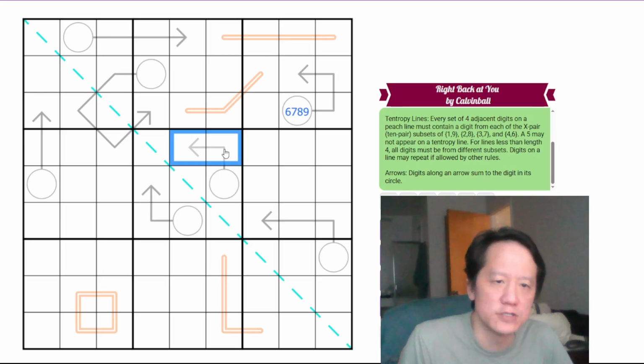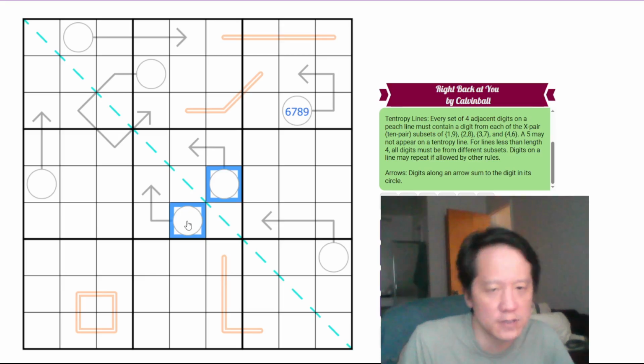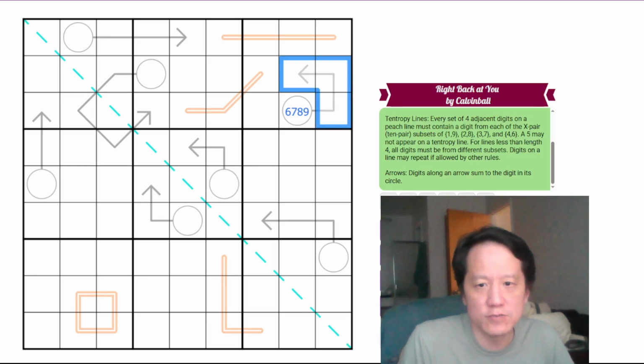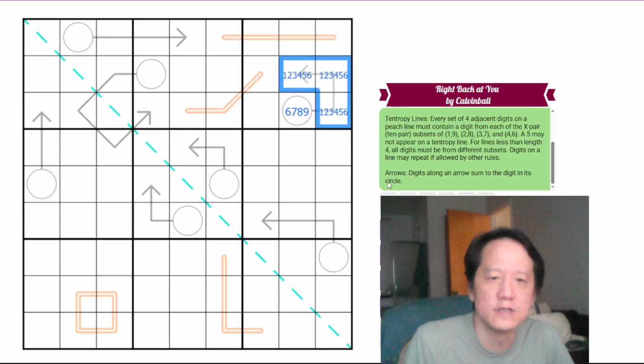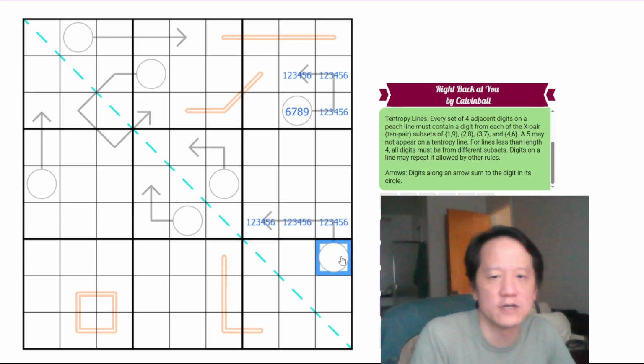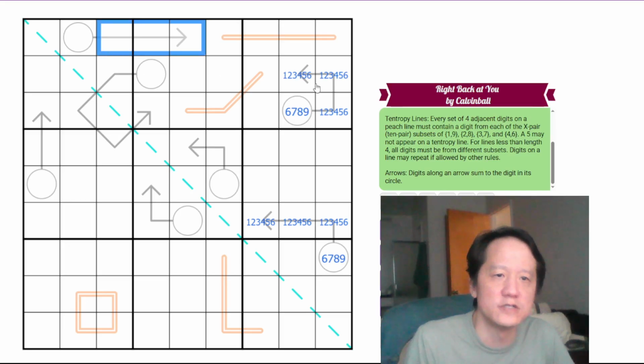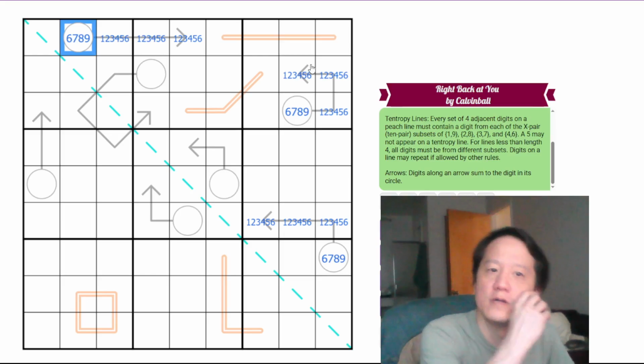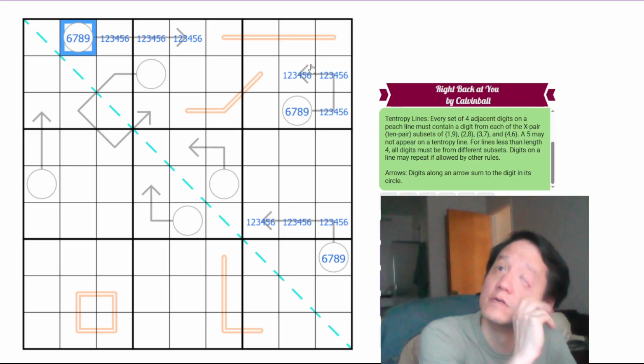Oh, these two digits must match these two digits, which means these two digits are the same. These digits are 1 through 6, adding up to 6 through 9. This is 1 through 6, adding up to 6 through 9. And this is the digits 1 through 6, adding up to 6 through 9 here. Oh, that's interesting.